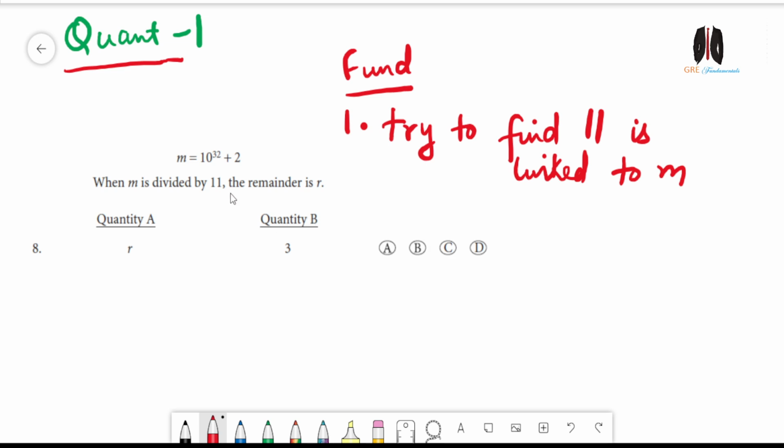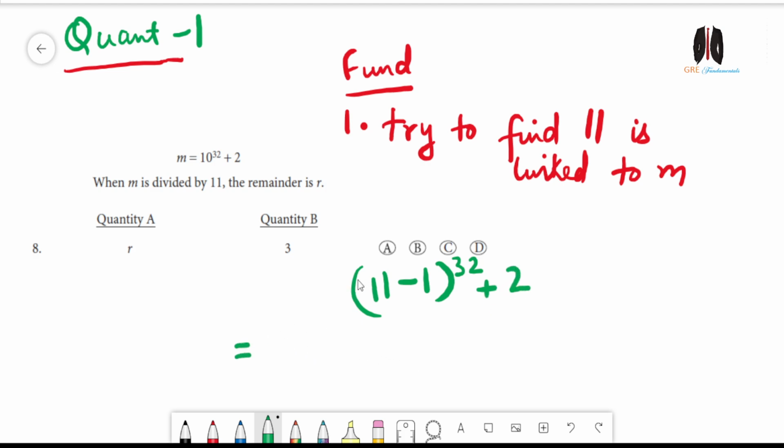Right off the bat we can see this 10 is actually 11 minus 1. So we can write this as 11 minus 1 to the power 32 plus 2.